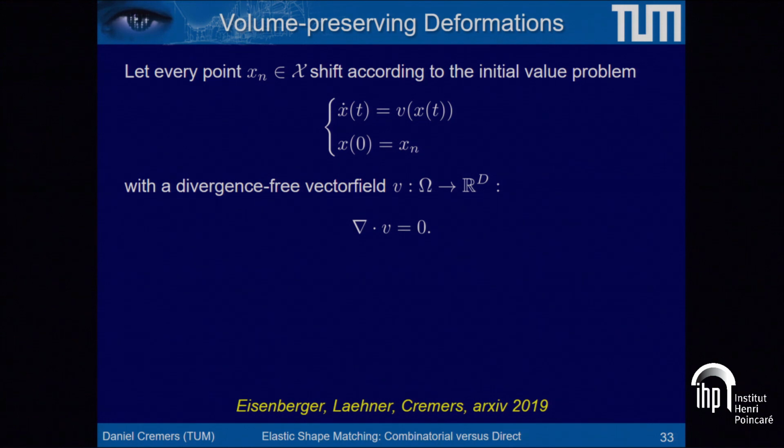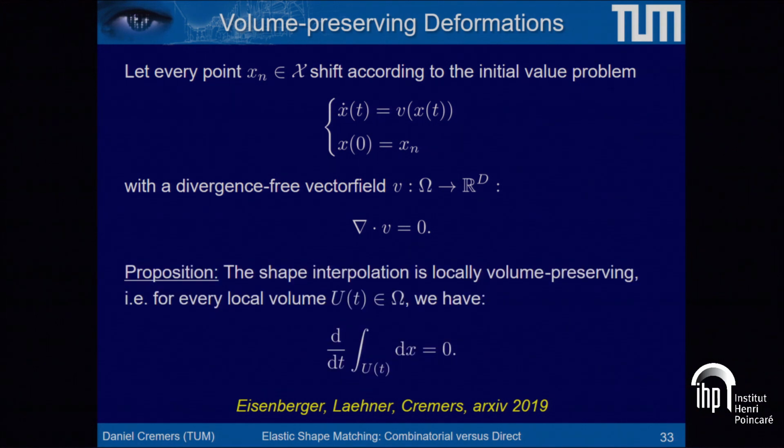Namely, we fix that the vector field V that we're looking for should have divergence 0. Because if the vector field has divergence 0, then it is locally volume preserving. That means for any volume in that space, omega, so any area, the volume is preserved over time. This is a property of divergence-free vector fields.